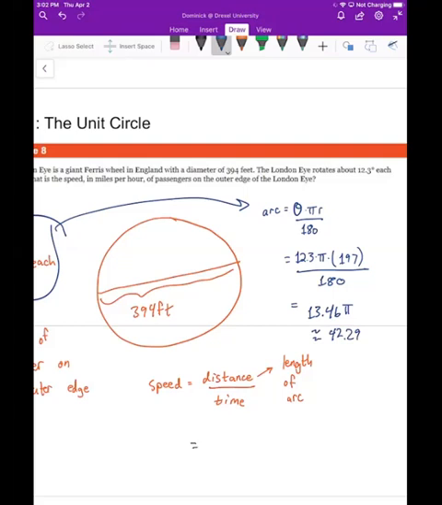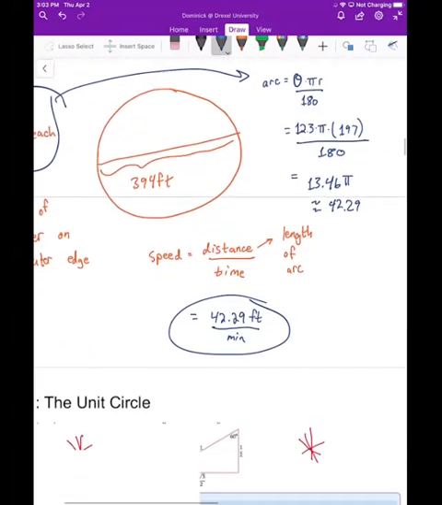So the speed is 42.29 feet per minute. That's how fast the passengers would be traveling on this Ferris wheel.